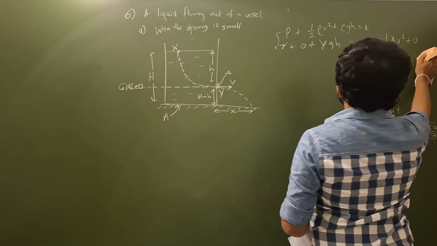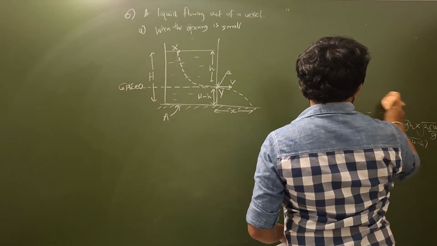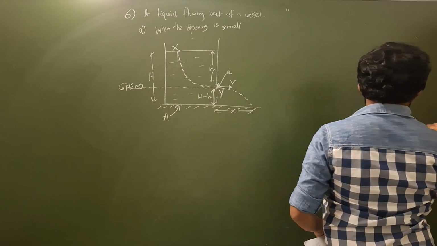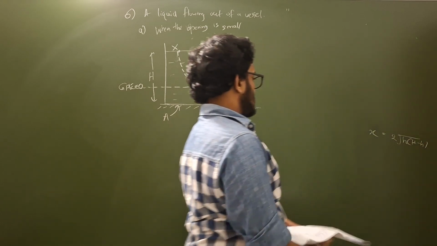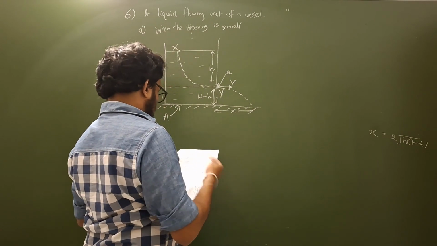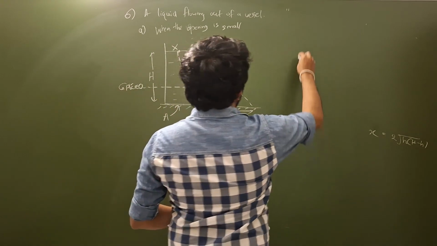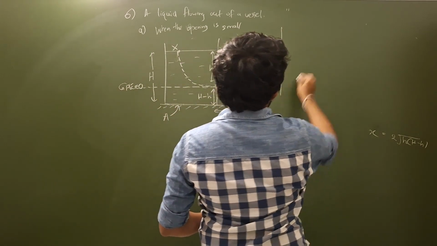Now I'm going to erase this part. Let's keep this x equation as it is, and let's draw the other thing that is said in the note. Now let's consider another vessel.